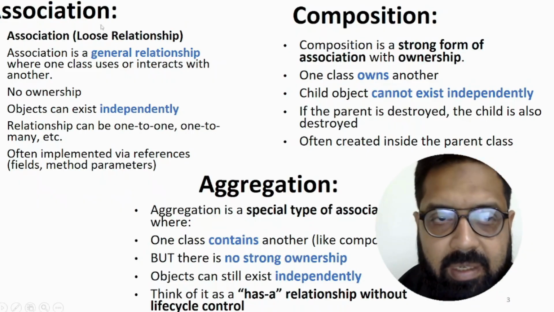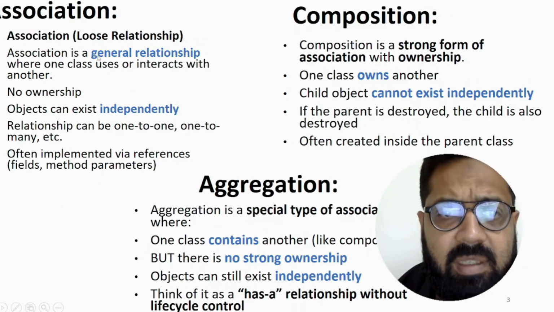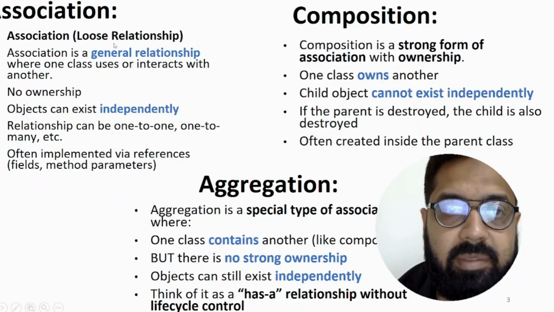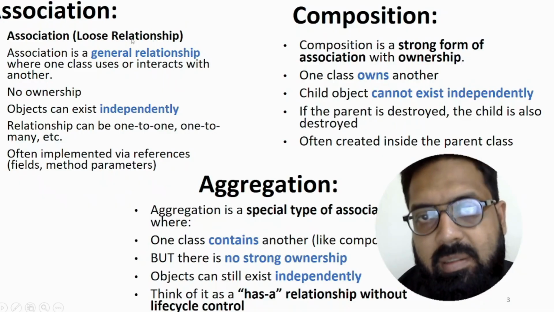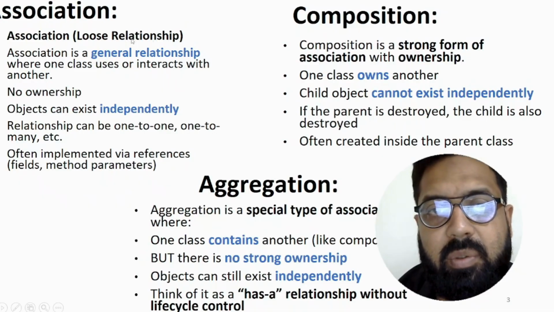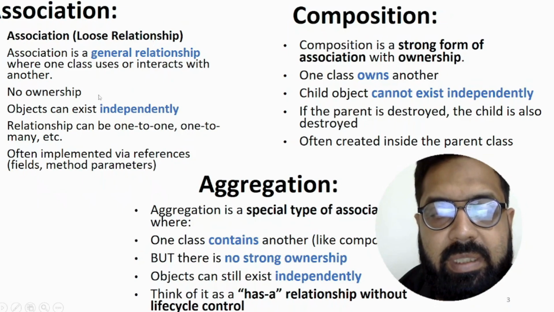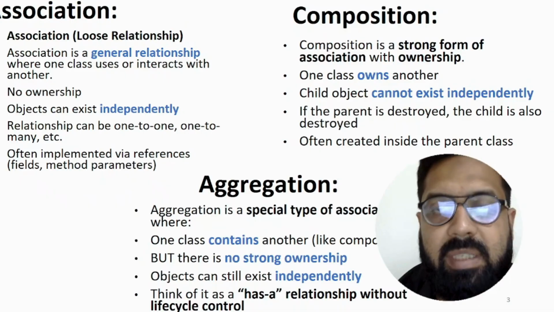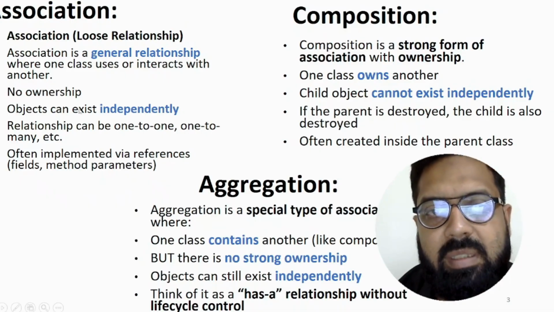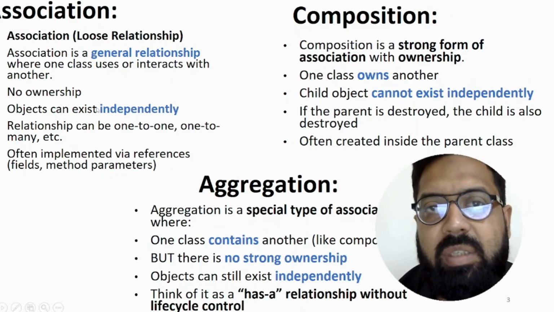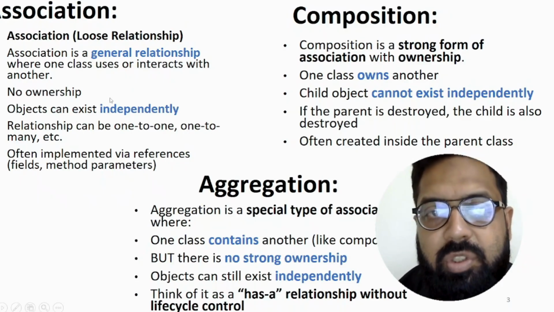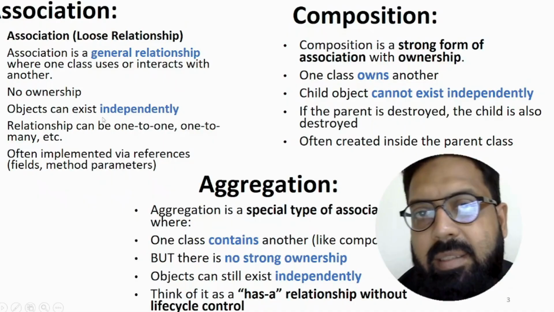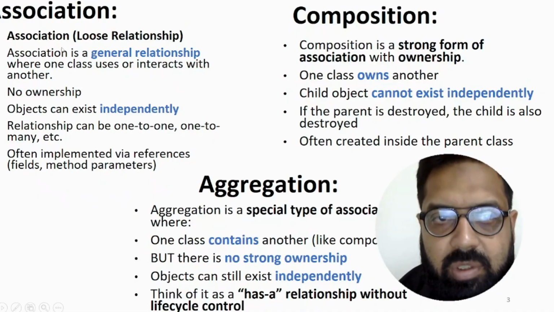Loose relationship means if we delete one class, then this will never produce an impact, or this class will not change or delete another class. So in short, objects can exist independently in association.